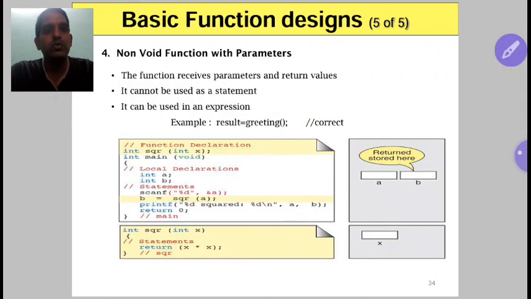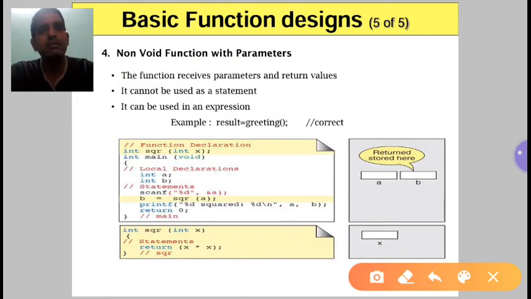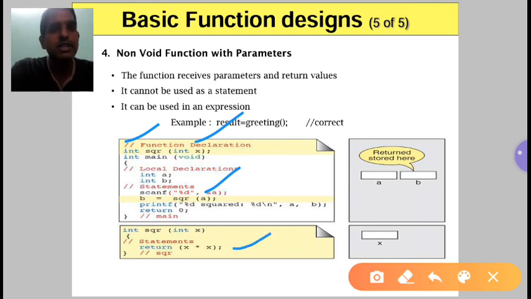Next, the last one, where you have both the parameters as well as return types. This is a basic example you have seen so far, where you pass a parameter, the square of a, and you return the square here, and the result will be transferred back into your main function.